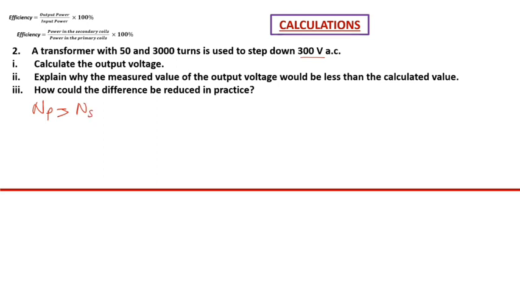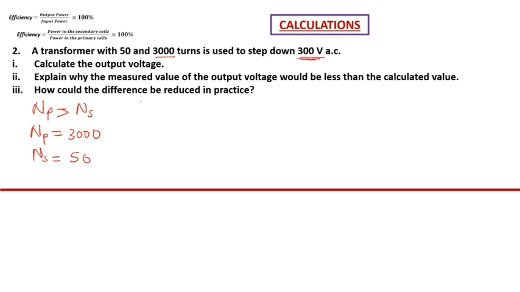So it therefore means that the number of turns in the primary coil should be equal to 3000. So you should take note of this, and the number of turns in the secondary coil should be 50. Then we use it to step down a 300 volt AC. So this one is the 300 volt is being stepped down.